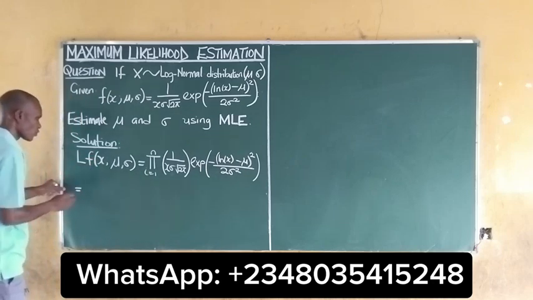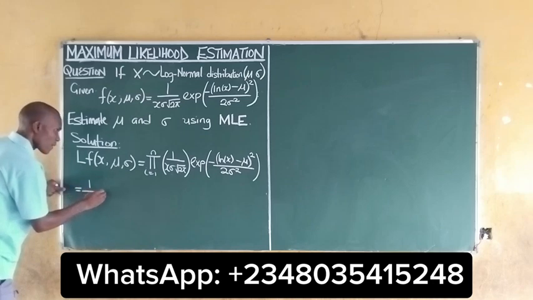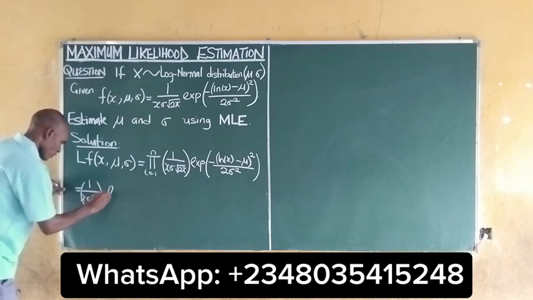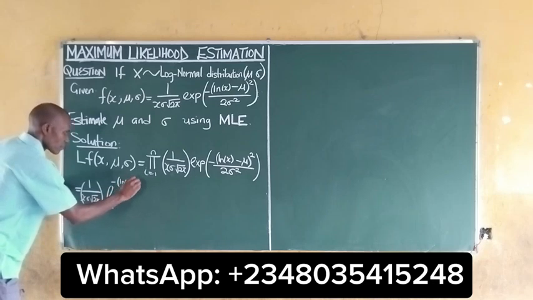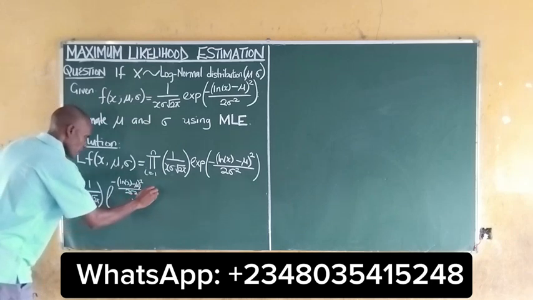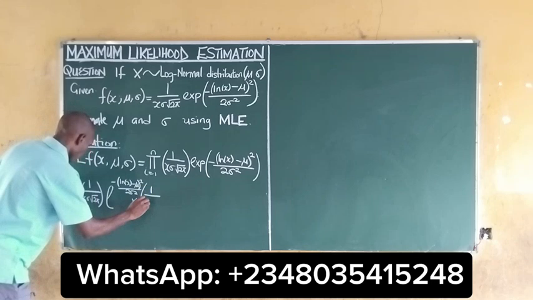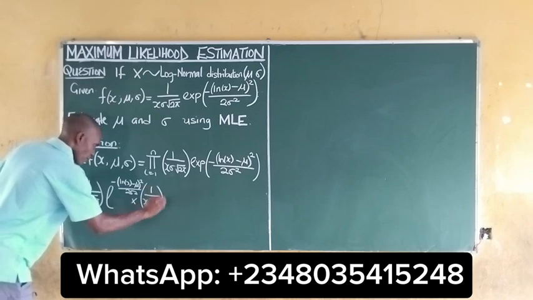Our likelihood function will be equal to, the first thing is 1 all over x sigma square root of 2 pi, we use this sign, minus ln x minus mean squared all over 2 sigma squared, multiplied by another one, 1 all over x sigma square root of 2 pi.